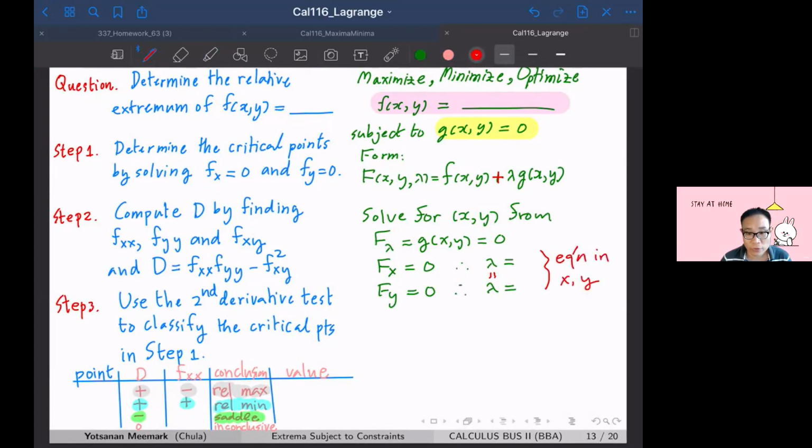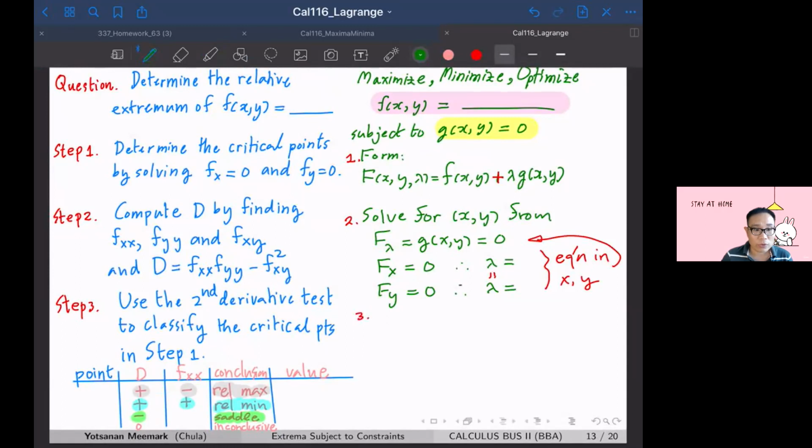Okay, so this is what you get, and you have an equation in x and y, and you're gonna put it into g(x,y) equal to 0, and this is what you get. Okay, and the third step for this one, so let me put number 1, number 2, and number 3.